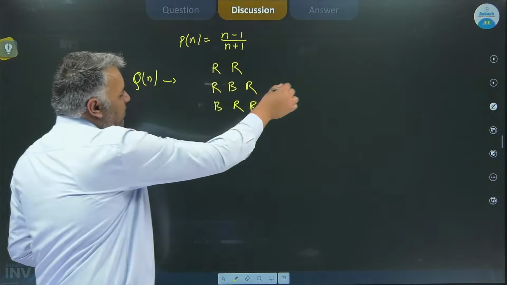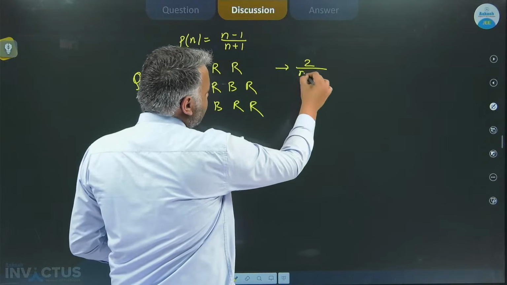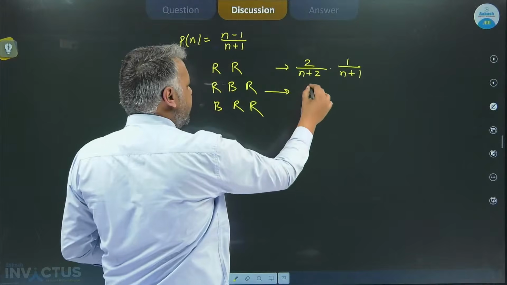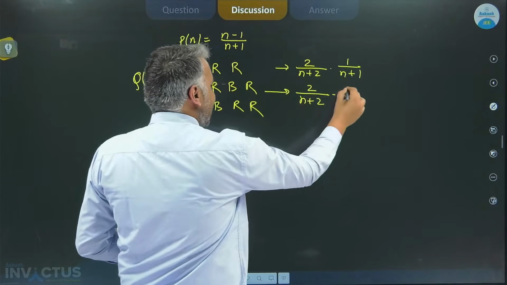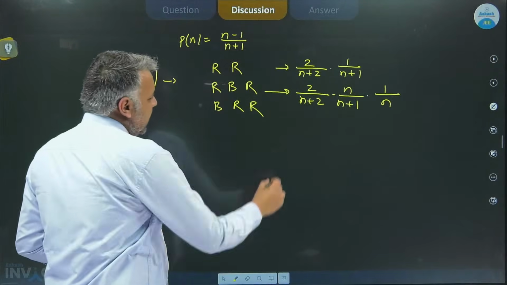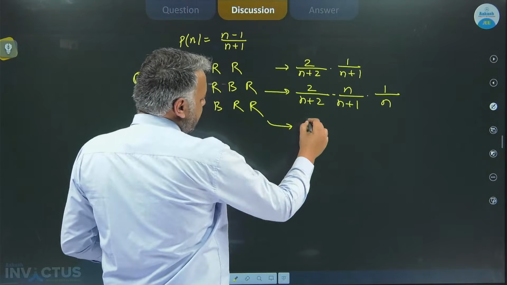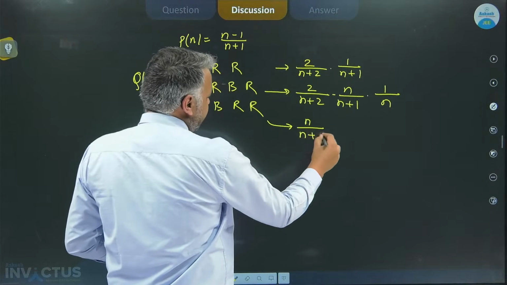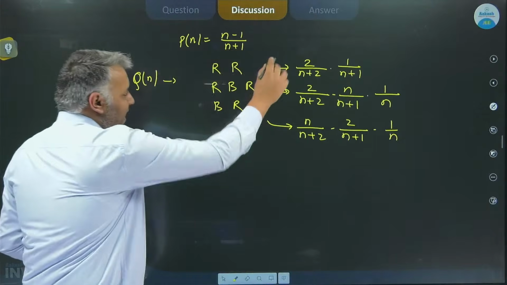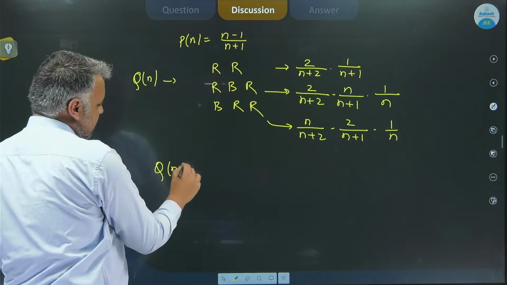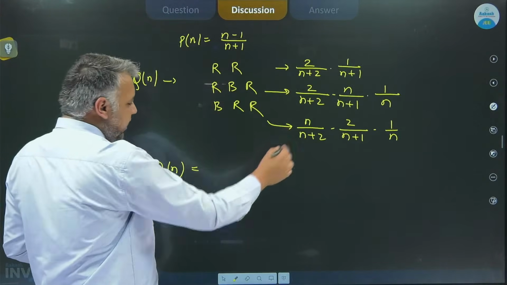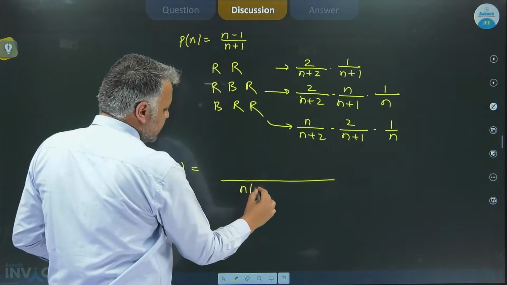So probability here will be 2 divided by n plus 2 into 1 divided by n plus 1. Probability here it will be 2 divided by n plus 2, n divided by n plus 1, and 1 divided by n. And here the probability will be again n divided by n plus 2, 2 divided by n plus 1, 1 divided by n. Now adding all these 3 we will get Qn, and again taking common LCM, n plus 1, n plus 2.